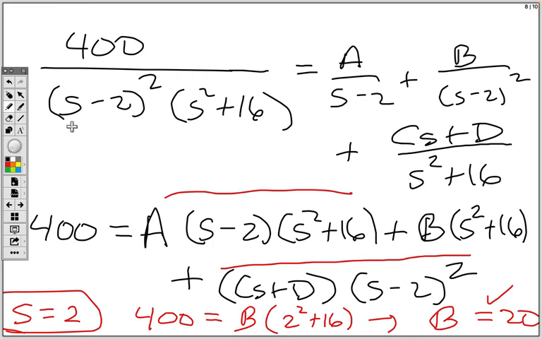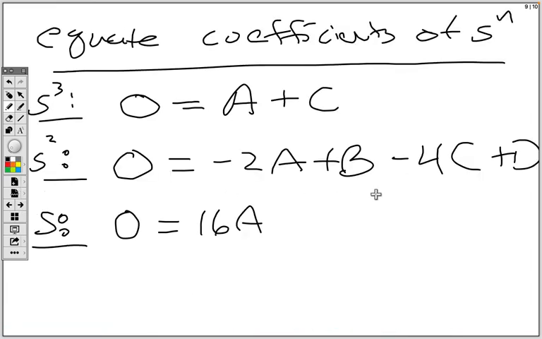What about here? Once again, maybe we'll just go ahead and FOIL this out just to help us see better. So you'd get minus 4d, but also 4c. So 4d minus 4c.